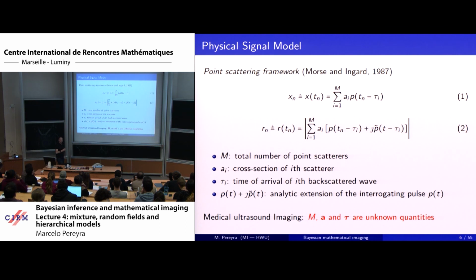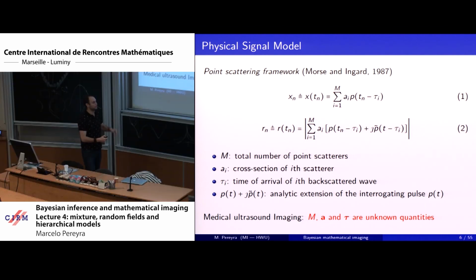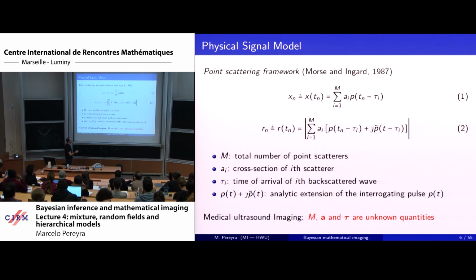If ultrasound travels through water and encounters bubbles, it will bounce back to the sensor, and at the sensor what you will record is the superposition of lots of pulses, M, if there are M bubbles, or what we call scatterers. They are delayed by a phase that depends on how far the bubble is from the sensor, and they are attenuated by some coefficient a_i that depends on how big the bubble is, essentially, or how much it reflects the signal, so how reflective my scatterer is.